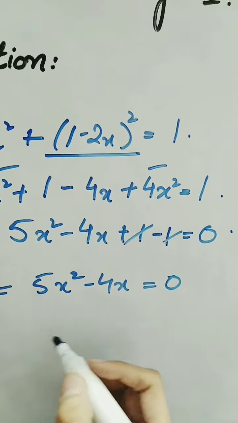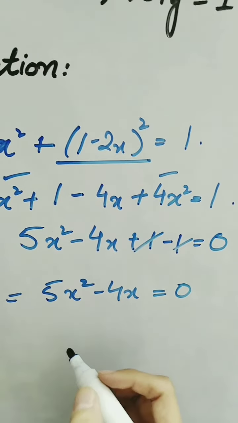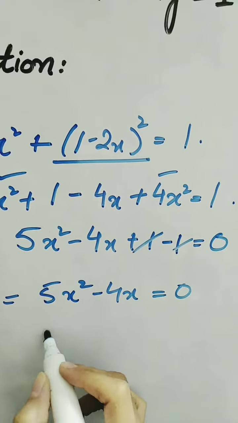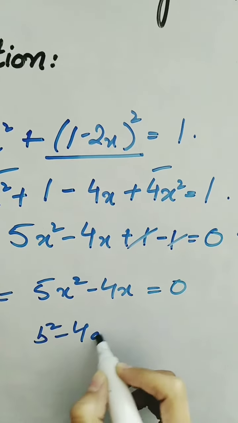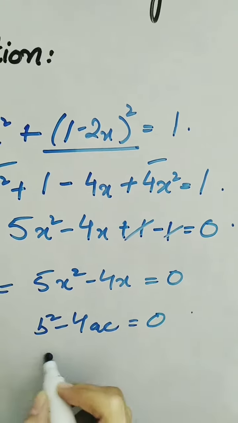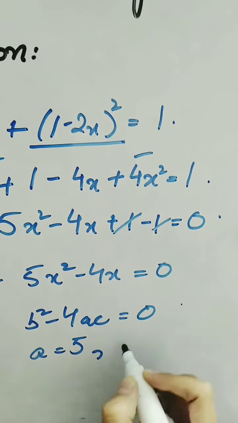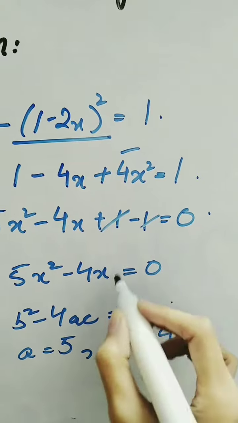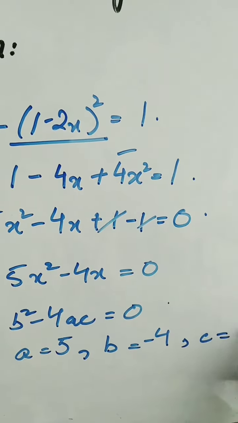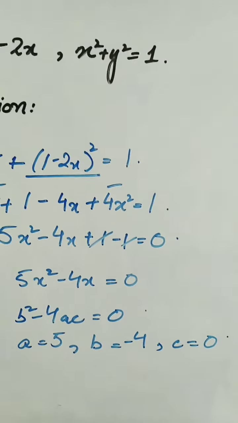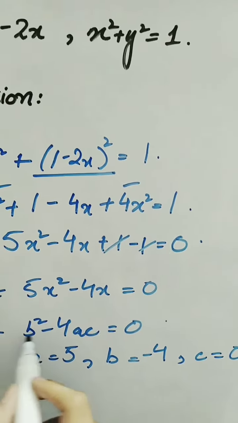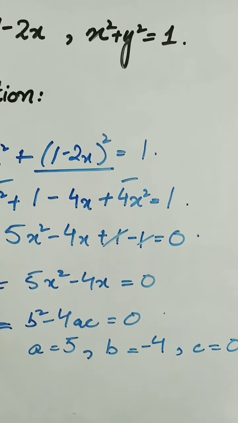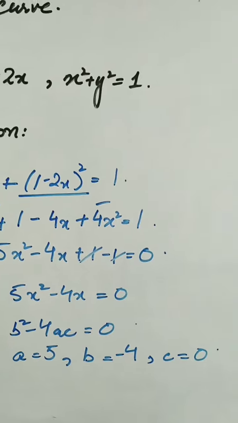Now applying the quadratic discriminant here, a equals 5, b equals minus 4. And as we know, there is no constant, so c equals 0. By putting these values into the formula b square minus 4ac, let's see how many points of intersection we will have.